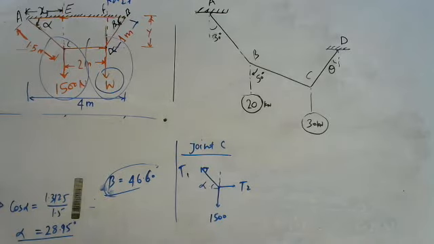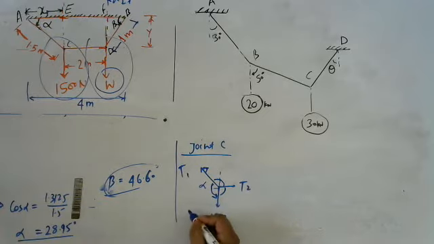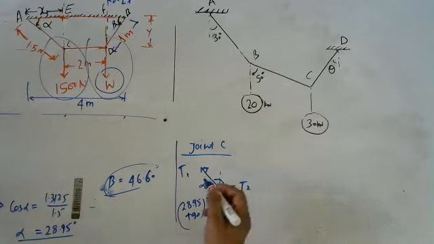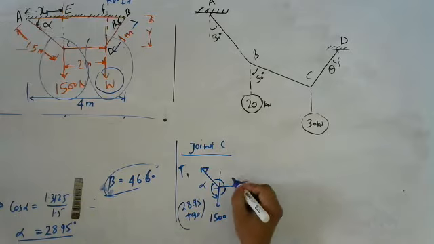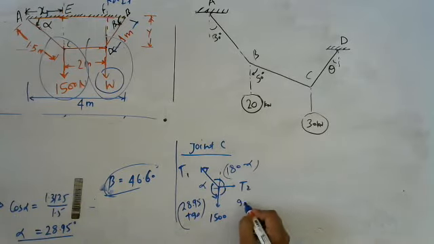So Lami's theorem, we calculate these angles. This angle is alpha plus 90, so 28.95 plus 90 will be this angle, and this angle will be 180 minus alpha, and this is the 90.